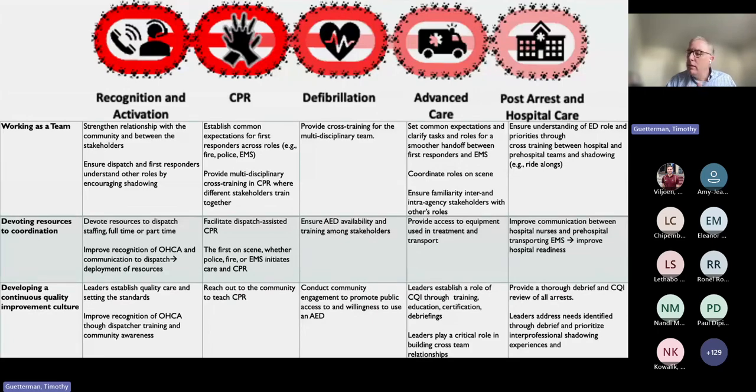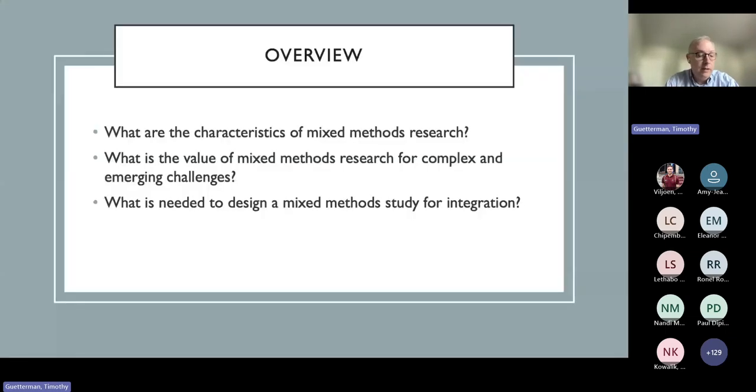So if this seems like a healthcare example and you're really in agriculture or business or whatever, I would just challenge you to think about, can the methods apply to my work? And in most cases, I think they probably can. If you have questions at the end here about how this might apply, feel free to ask those. But I would ask you to just think about how they can apply to your discipline, your field.